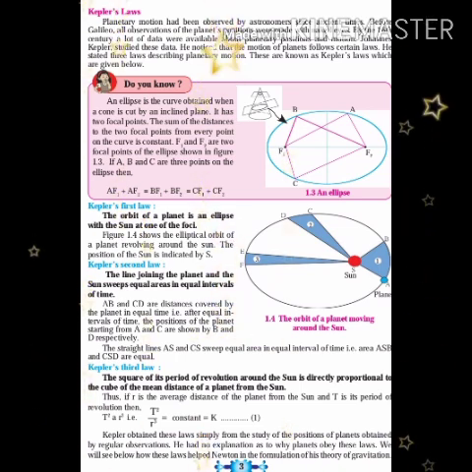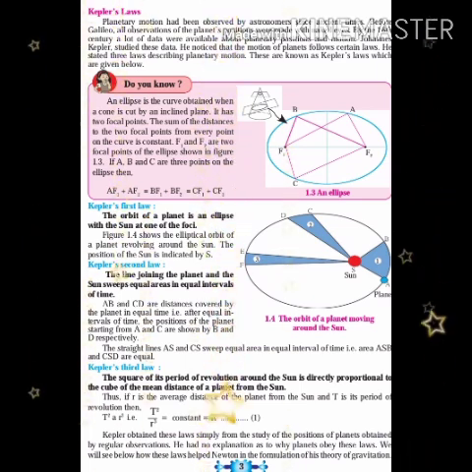Suppose T is the period of revolution and R is the distance of a particular planet from the sun.